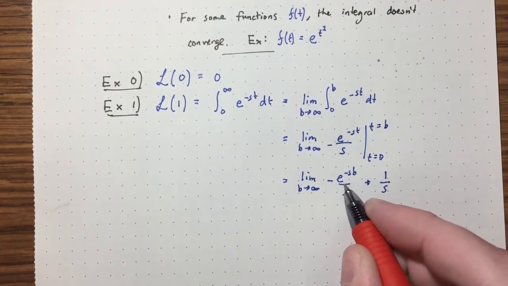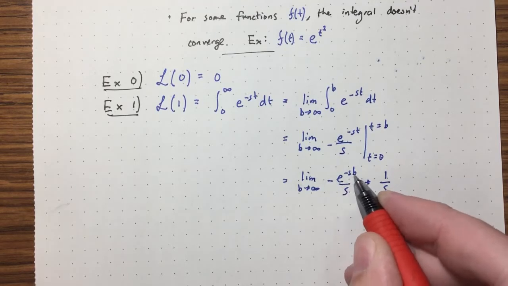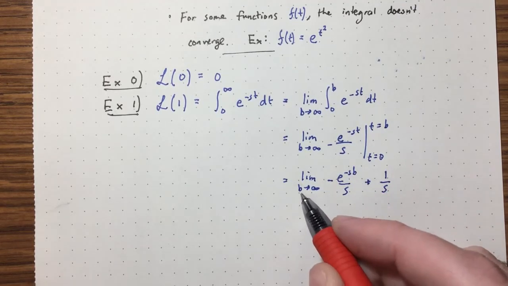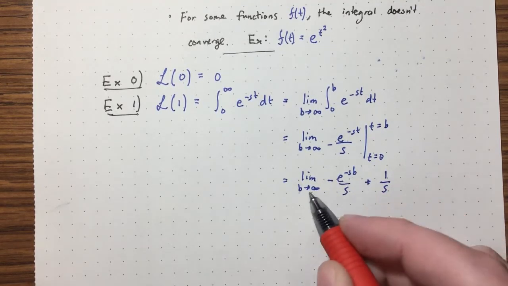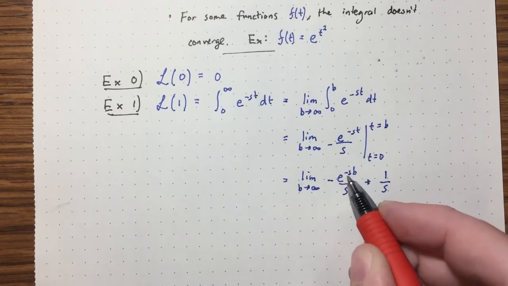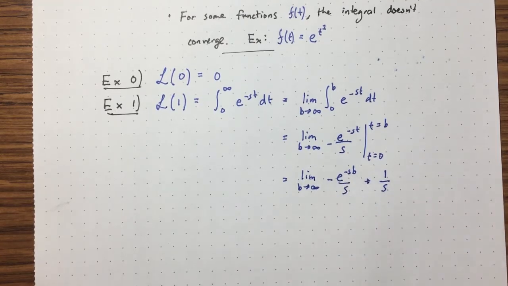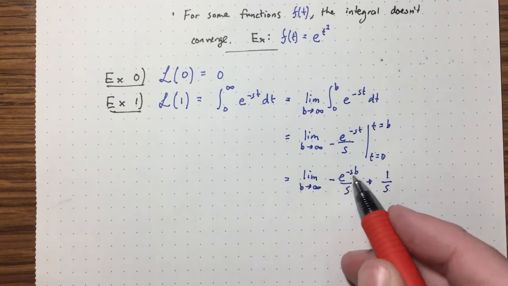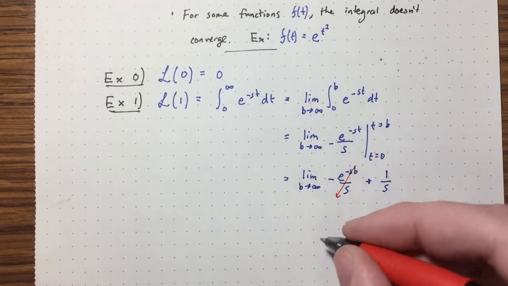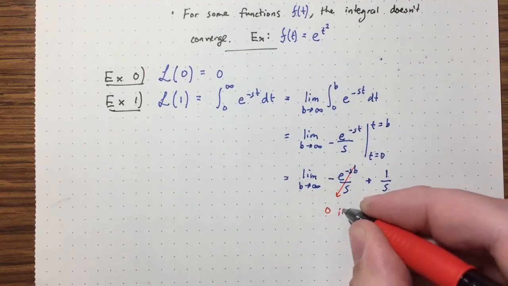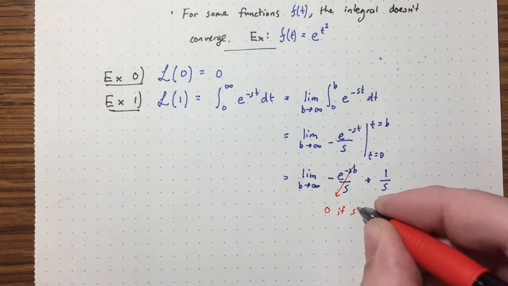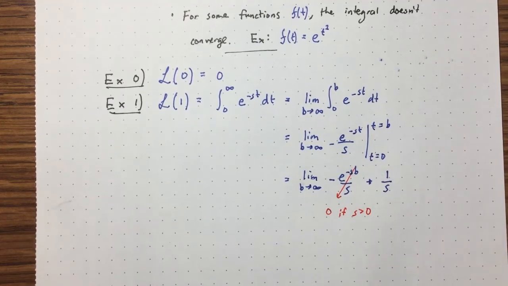Then you see how this exponential here, this number b is going to infinity. So this will be e to the very negative number, right? Something approaching negative infinity, which goes to 0. So this goes to 0. That's only if s is positive. If s is negative, this actually diverges.